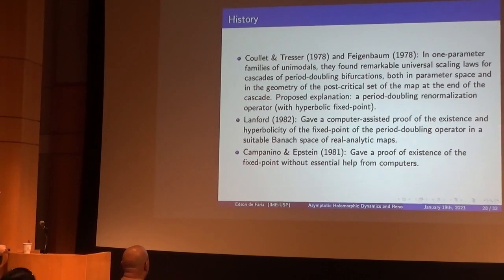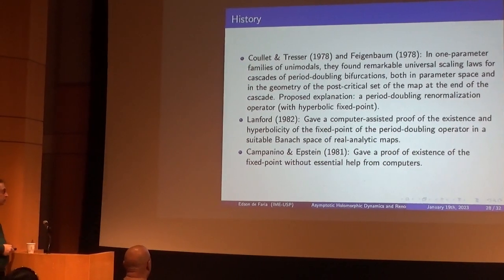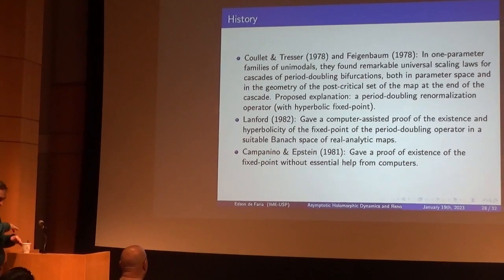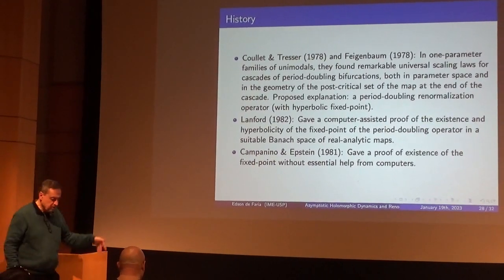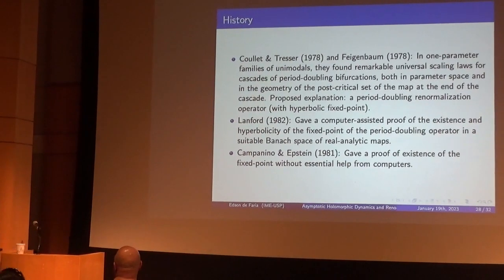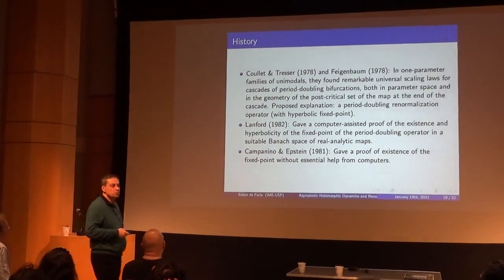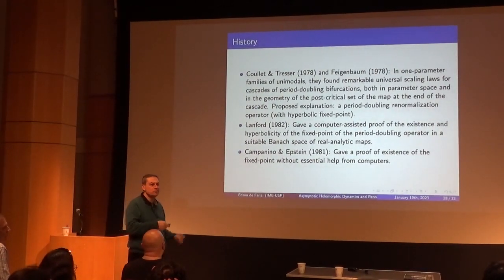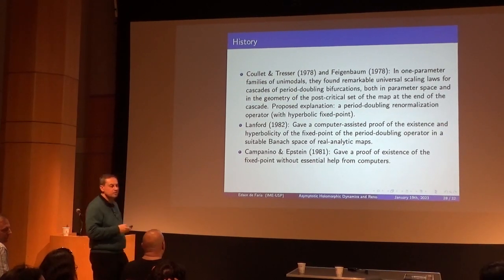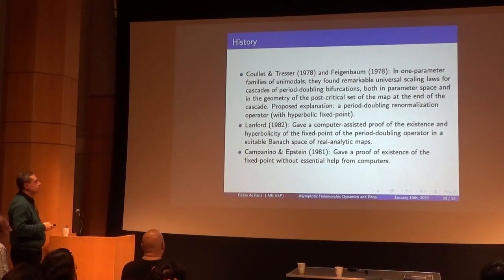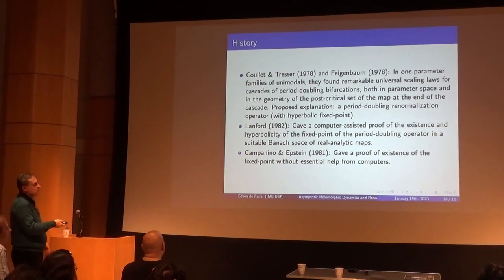And then Campanino and Epstein produced a proof of the existence of this universal map at the end of this cascade. Dennis always told me that there was a secret moment where they kind of used the computer, right? They used some estimate, which he only knew by some computation or something. Anyway, it's just a proof of existence.